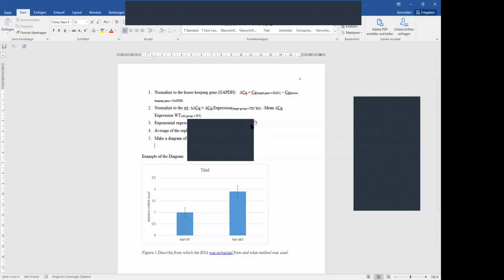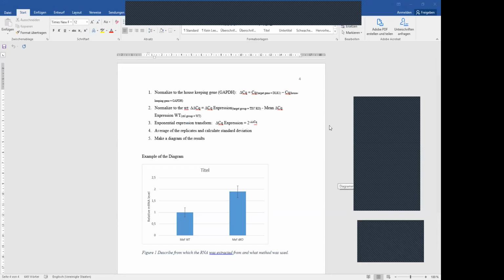Can I also have a question? For the first point, so normalized to the housekeeping gene, delta CQ, and so on. So we have different values, 1, 2, 3, 4, 5, 6, and we just divide this through the GAPDH.